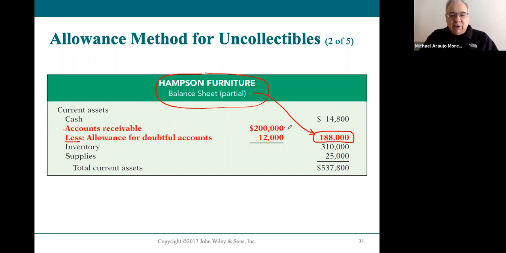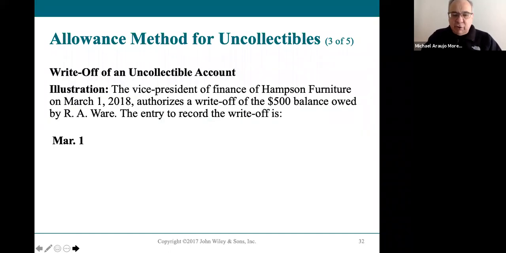That's the $200,000 of receivables minus the $12,000 they have allowed for bad debt, in essence, for uncollectible accounts. So this 188,000 is what we call the net realizable value of the receivables account. Again, another term you will see.